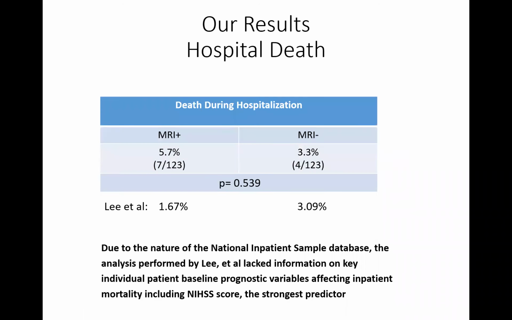If you compare their data to our data, they were pretty similar on the mortality of people who didn't get MRI. They found that the people who did had much lower mortality. But as I said, they really could not adjust for stroke severity, and stroke severity, of course, is the most important predictor of inpatient mortality.